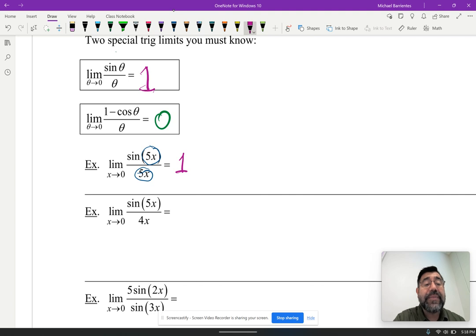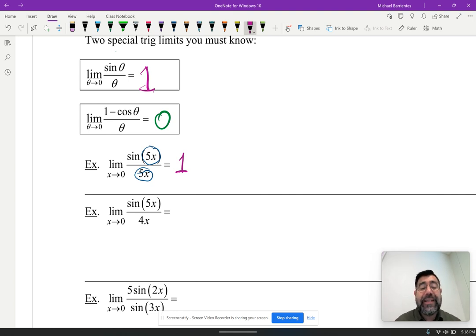Sine of something over something as the whole something approaches 0. Sine of 5x over 5x as x approaches 0, that's going to take this to 0, and that's going to take this to 0, and I can guarantee that the answer is 1. If you want to use your calculator to graph that and look at what's happening near x equals 0, you'll find that the limit is going towards 1.